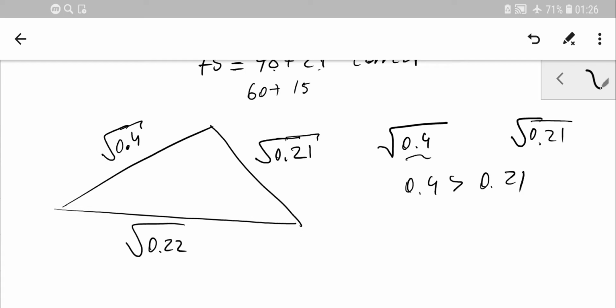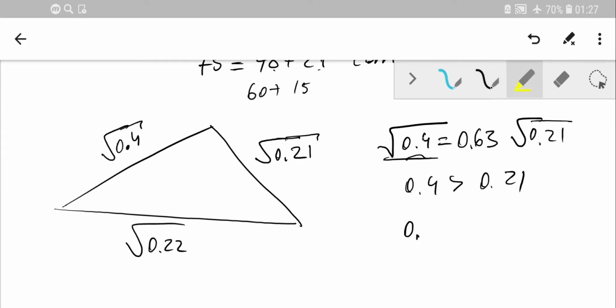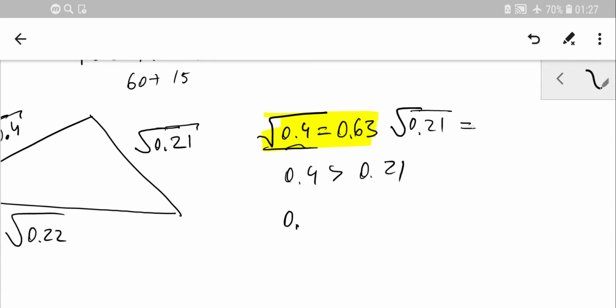Take a calculator and evaluate the square root of 0.4, and let's say you get about 0.6. You see your number after the square root rises in value. I'll explain in a minute why this happens. Now let's take the square root of 0.21.